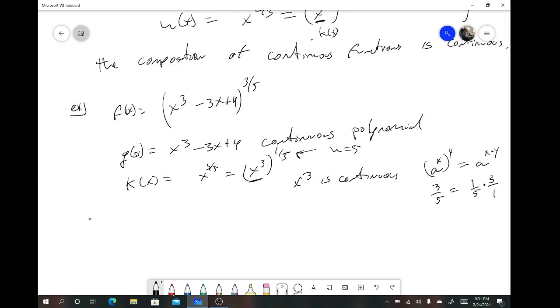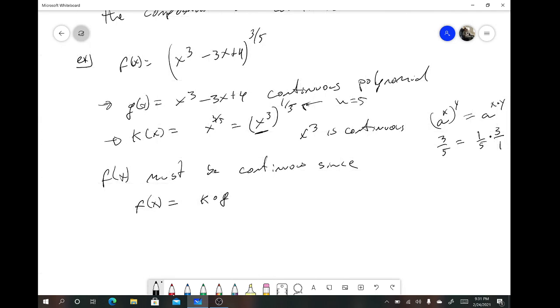So f of x must also be continuous, since f of x is the same thing as k composed with g. This is the composition of k with g, and both k and g are continuous. So f of x is continuous for all x's.